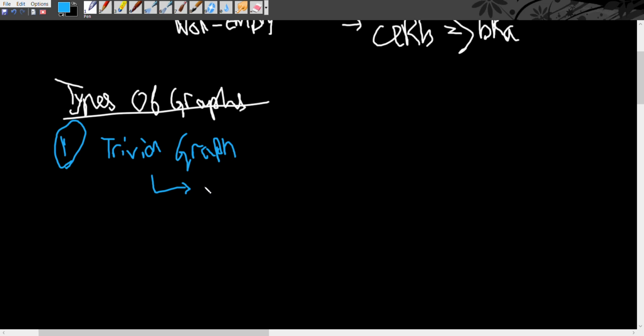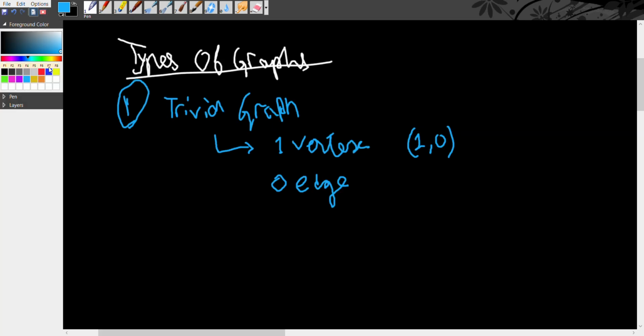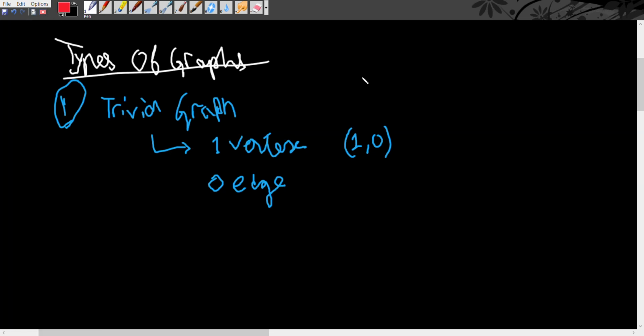This by definition is a graph that has only one vertex and zero edges, that is no edge. So it can be written as a (1, 0) graph, where this one corresponds to the number of vertices and this corresponds to the number of edges.